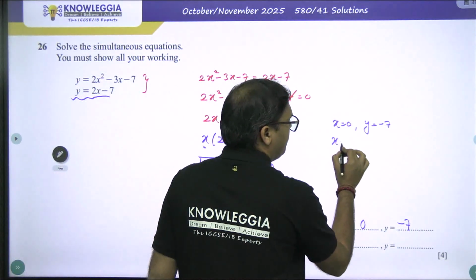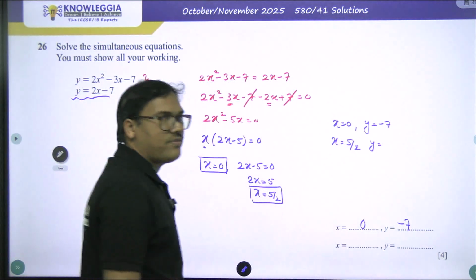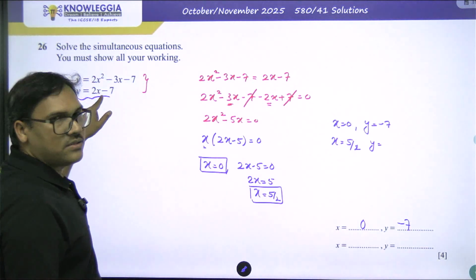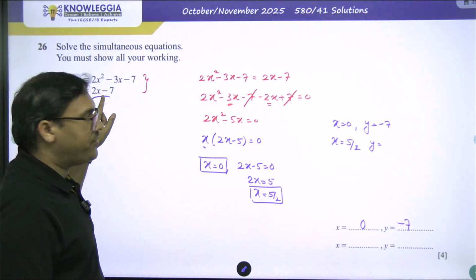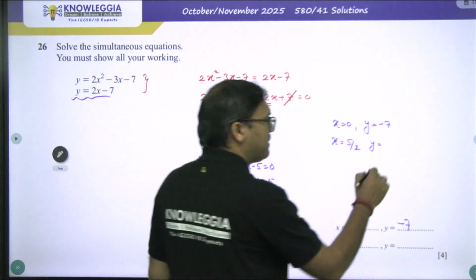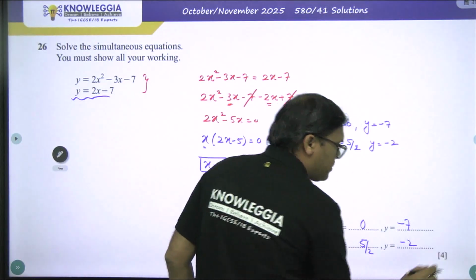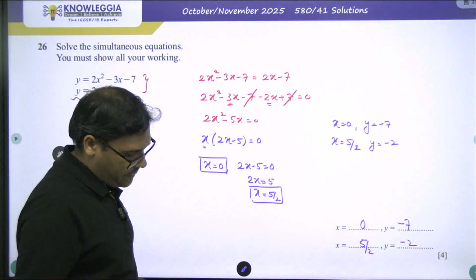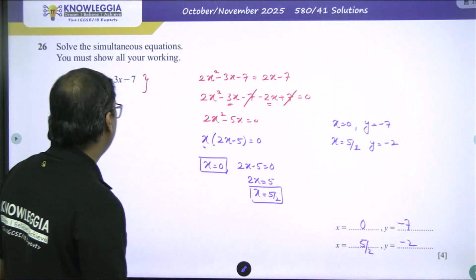If I put x is equal to 5 by 2 here, this will become 2 into 5 by 2, which is equal to 5. 5 minus 7, which is equal to negative 2. So what is the answer? This is 5 by 2 and minus 2. So let's see the answer: 0, minus 7 and 5 by 2, minus 2. That is the correct answer.